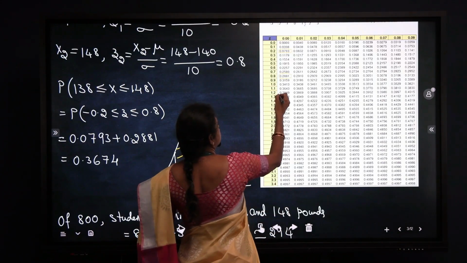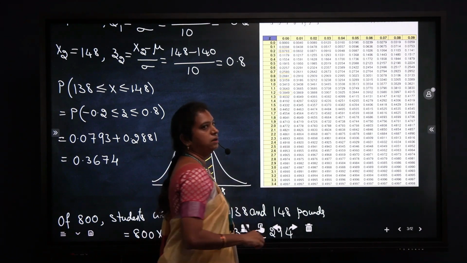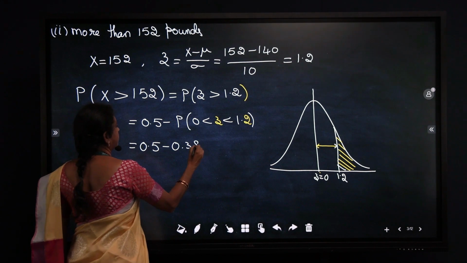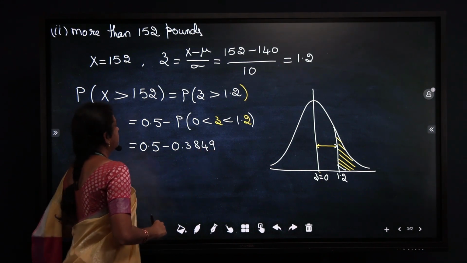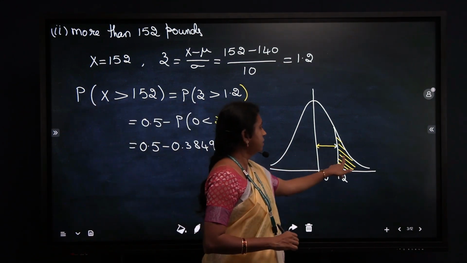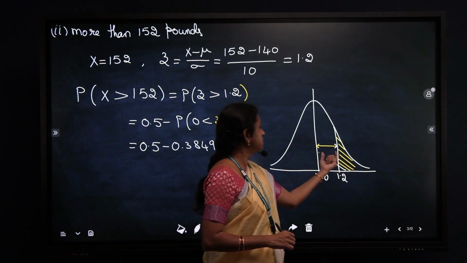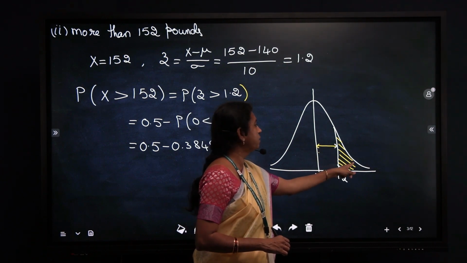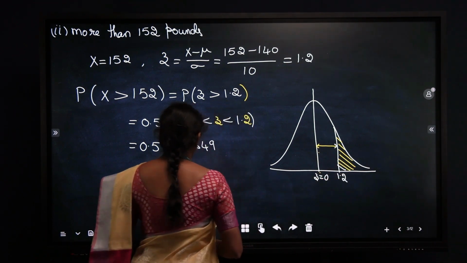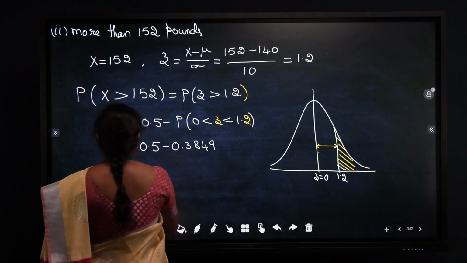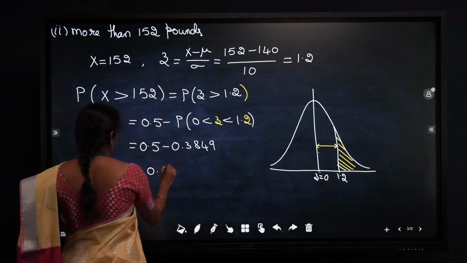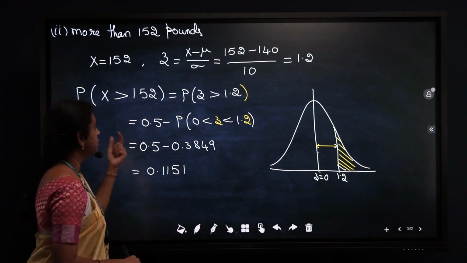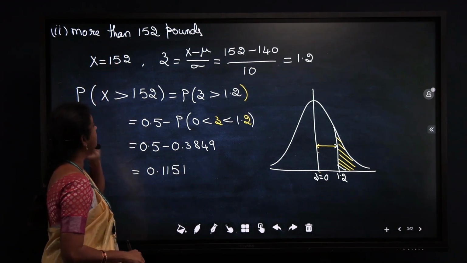So 1.2 under 0 is 0.3849, right? So 0.5 minus this area, 0.3849, will give us the required area, which is greater than 1.2. So this is equal to 0.1151. And we have to find out from 800 students how many students' weight is more than 152.